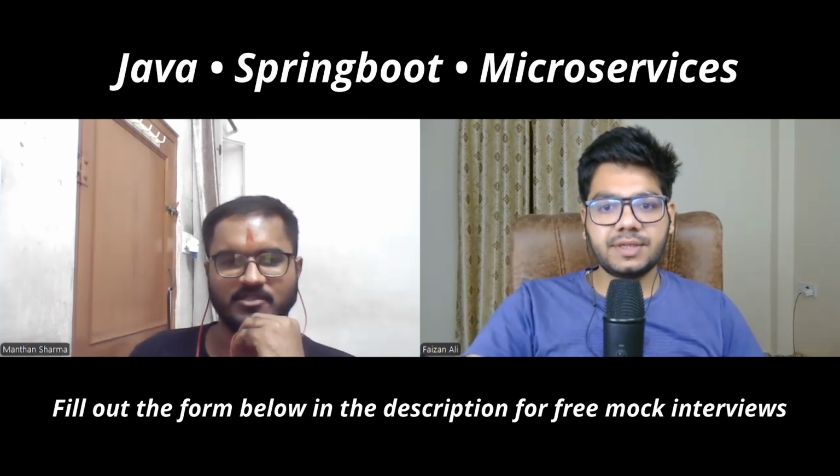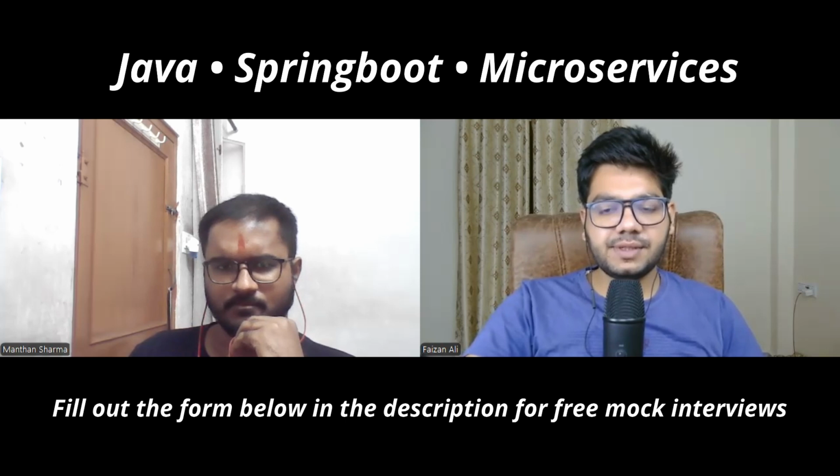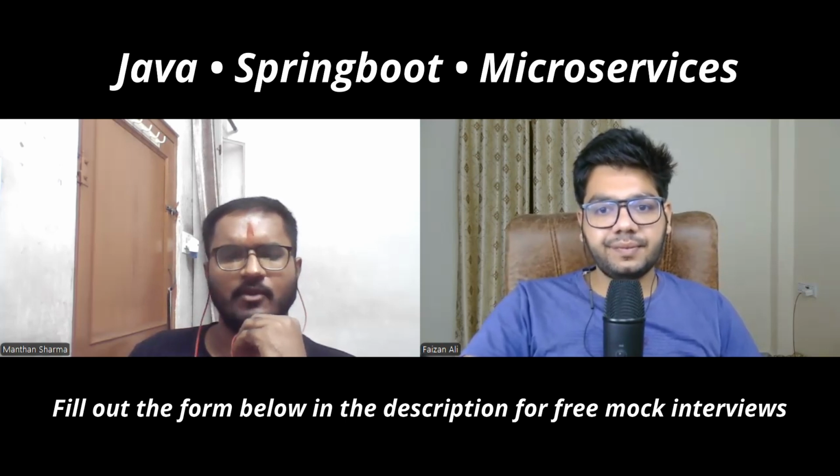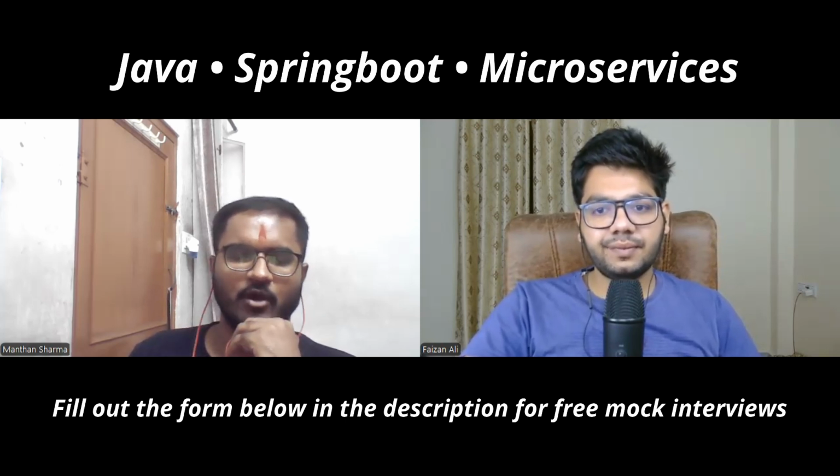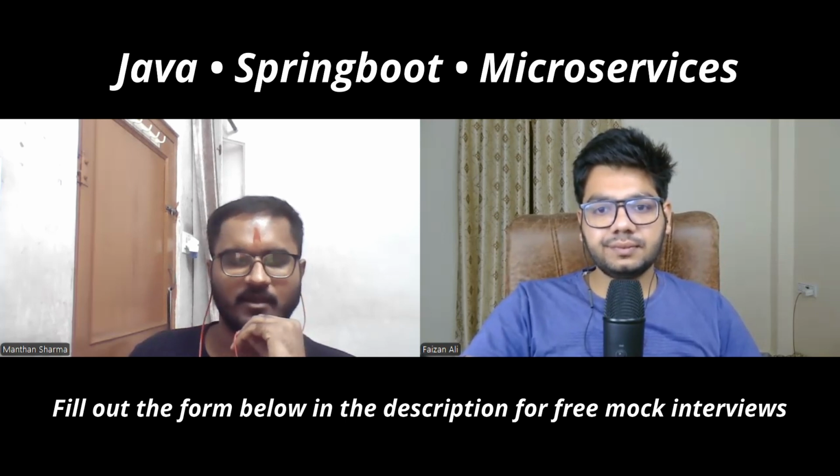Do you know about garbage collection algorithms? If we talk about the core algorithm, that would be the mark and sweep algorithm. What it does is mark the unused objects and then clear them out.